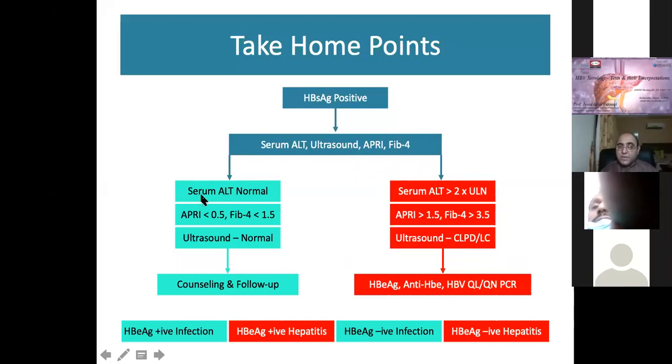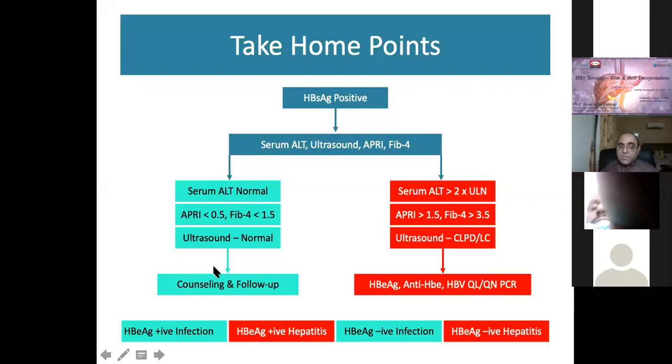So if the serum ALT is normal, as well as APRI is less than 0.5, FIB4 is less than 1.5 or less than 1, and ultrasound is perfectly all right, there is no coarse pattern, no splenomegaly, no dilated portal vein, no ascites.